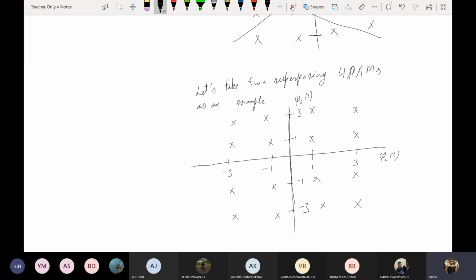So here you can say that AMI takes values from the set -3, -1, 1, 3, and AMQ also takes values from -3, -1, 1, 3. Agreed?